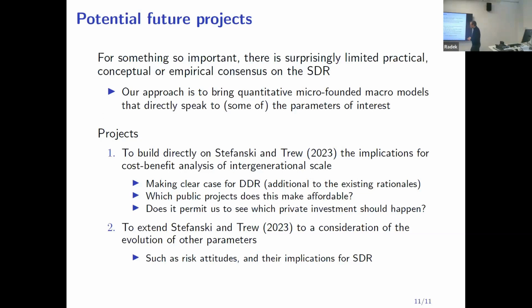So cost-benefit analysis and intergenerational scale. And we want to make a very clear case for why it is super important to have declining social discount rates, additional to the existing rationales. And we want to look at specific projects and think about what kind of projects this suddenly makes feasible that weren't feasible before.